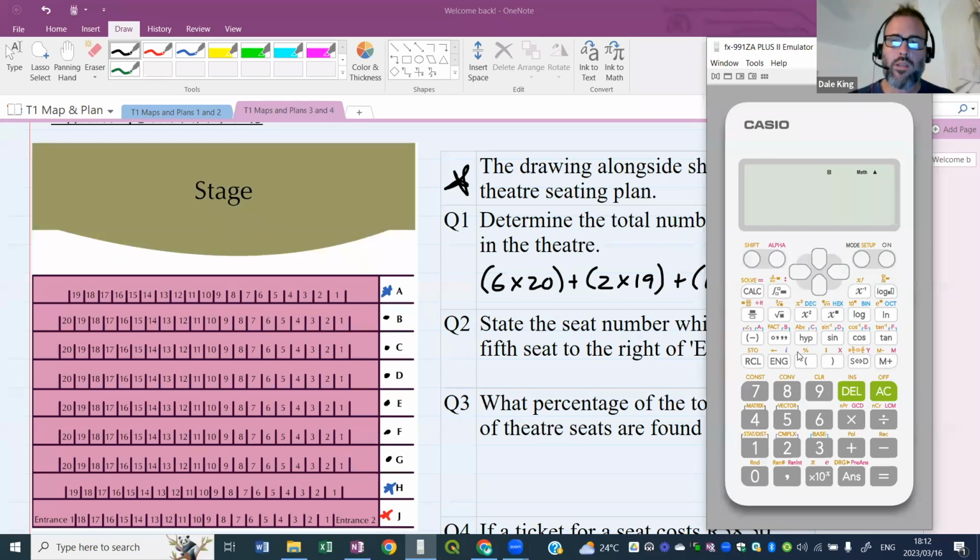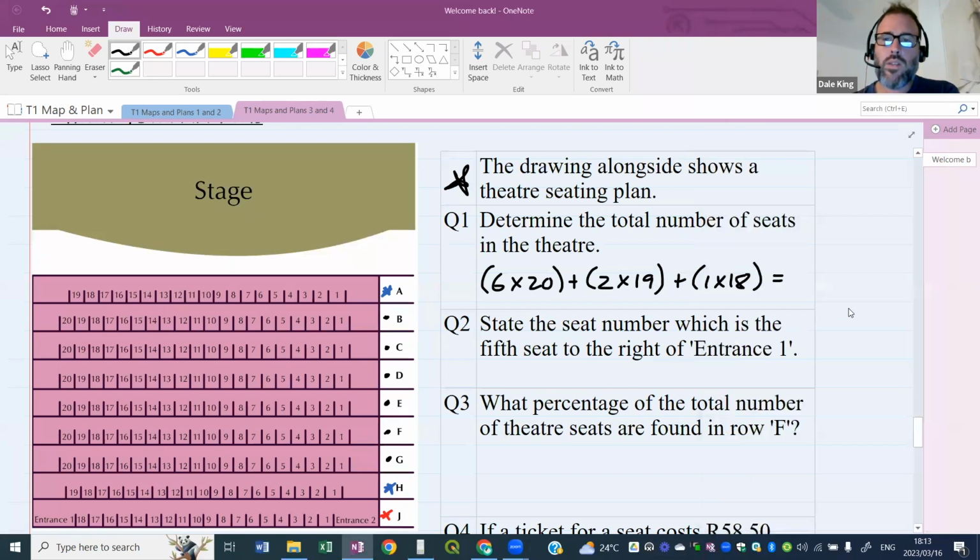I'm going to use my brackets: 6 times 20, bracket plus 2 times 19, bracket plus 1 times 18. Everything's in there, all the rows are catered for. And there we go. Well done, you guys are very quick on that one. 176 seats.